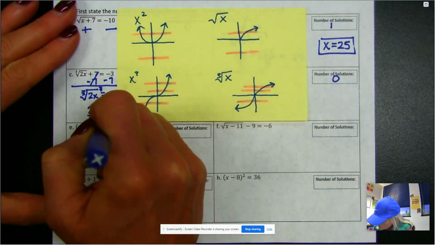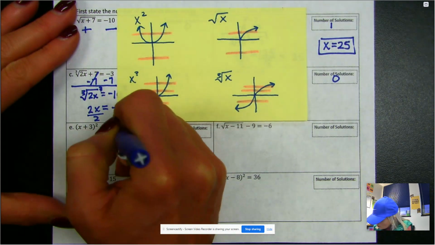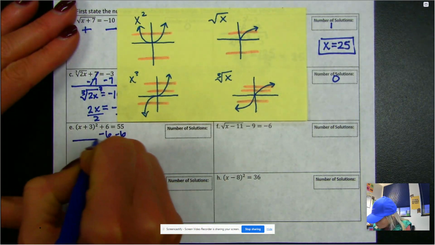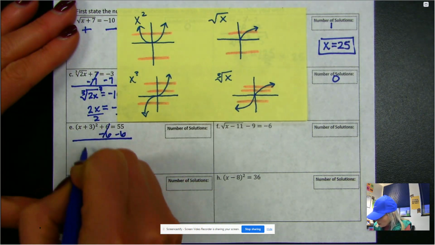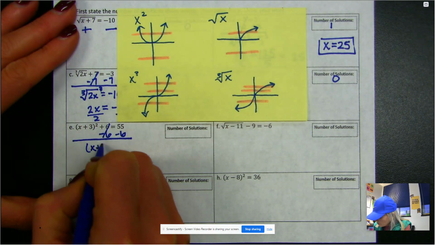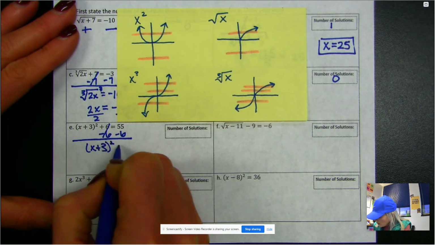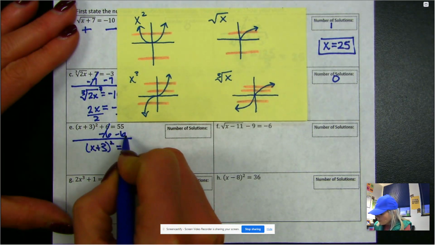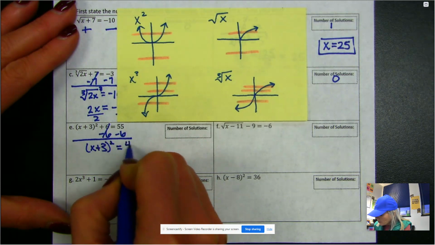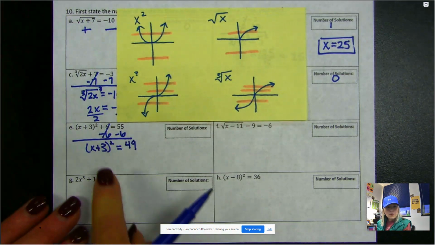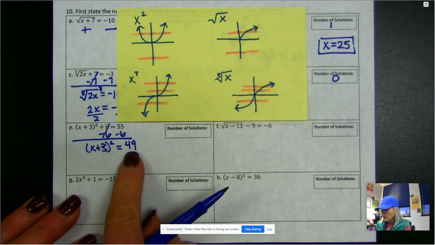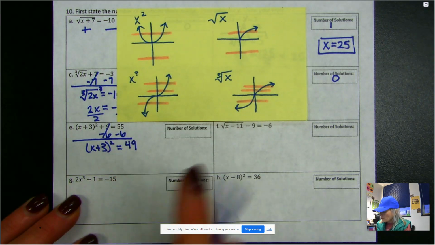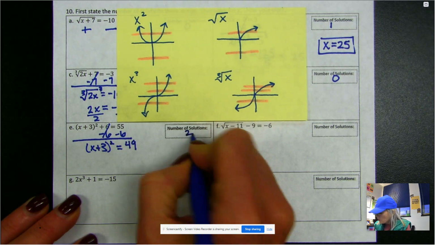So I'm going to start by subtracting the 6 on both sides of the equation. And so the x plus 3 squared comes down. And that's equal to 55 minus 6 is 49. Okay, so now I've got something squared is equal to 49. This is a positive number, so there's going to be 2 solutions.